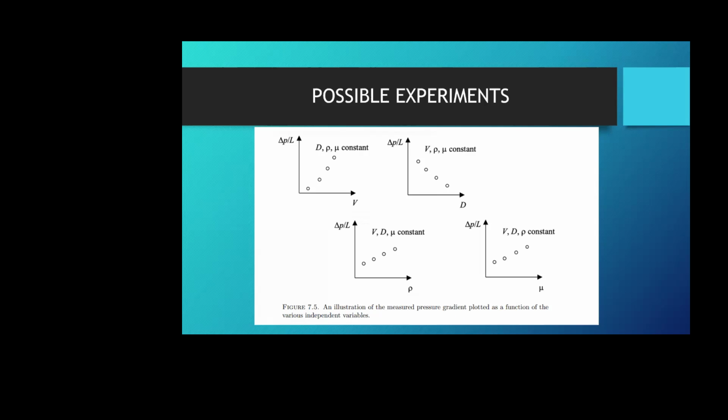So the most practical way is 2D, two dimensions, and fixing the other variables. At most, 3D. For example, I could include D here to see what happened. And then I do a three-dimensional plot, keeping rho and mu constant. And then I could analyze that three-dimensional surface.